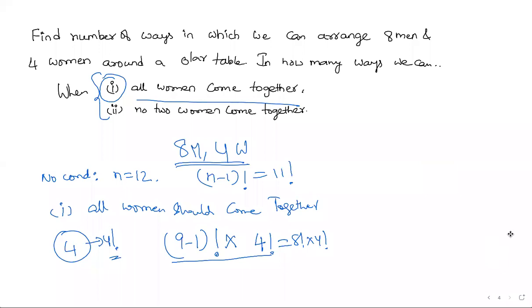Now if we go to the second question. So no two women can sit together, right? So if you see, they are asking us that no two women should sit together. So first we'll consider the circle like this.